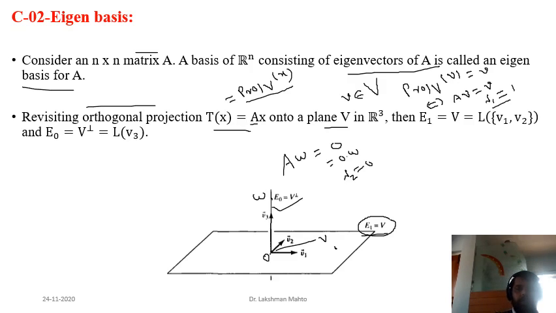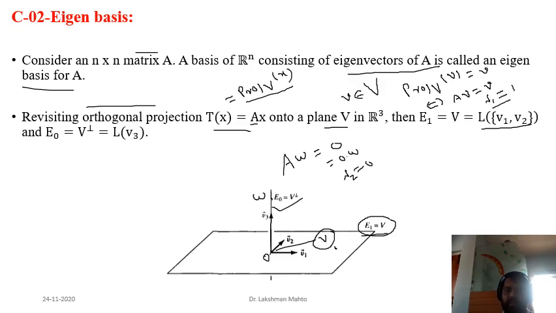Okay, so what is the eigenbasis here? V is a plane, and a plane will have two basis vectors. So consider V1 and V2 as the basis of the given plane V. That's why we can write V as a linear combination, the linear span, of V1 and V2.